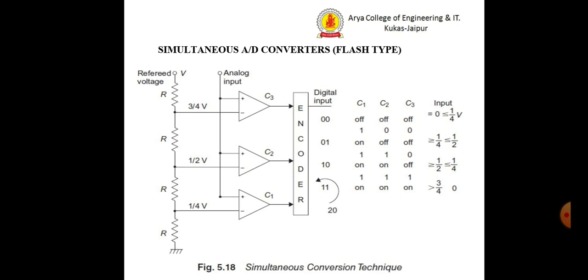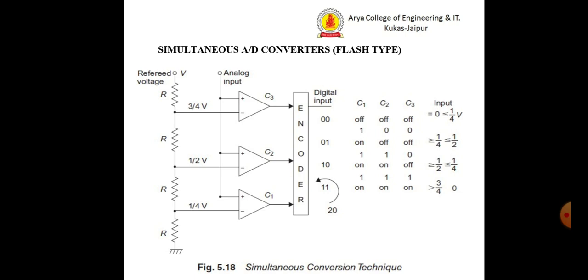As you can see, there are three comparators C1, C2 and C3, and here three comparator circuits are used for two input bits. Each of the three comparators has a reference voltage derived from a precision reference voltage source.